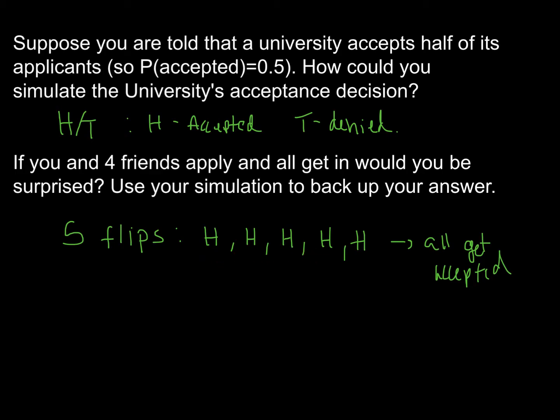To make this easy, what you're going to do is flip the coin 5 times in a row. If you don't get a heads at some point, so let's say you go heads, heads, tails, start over. And you're going to count the number of times that you have to flip 5 in a row in order to get 5 heads. Let me be very clear.